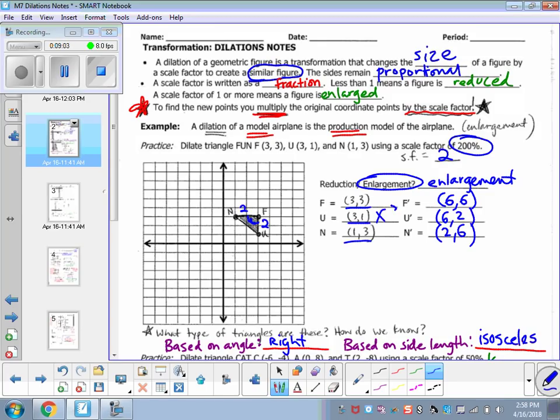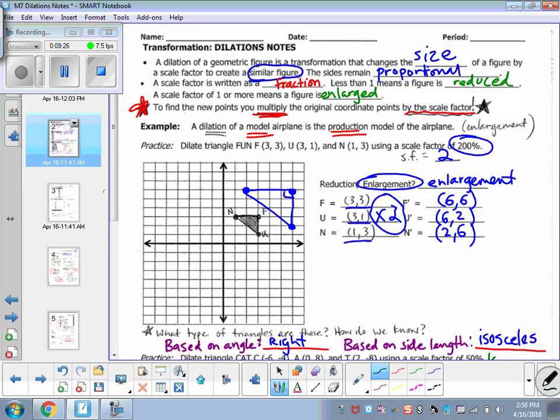I literally just multiply everything here by 2. And then we can come back over here on the coordinate plane and plot those points. So 6, 6 was here. 6, 2 is here. And 2, 6 was here. And now we've got the new right triangle graphed.